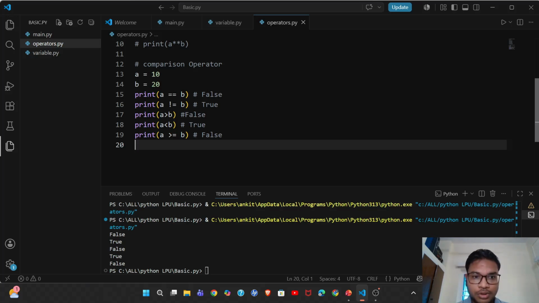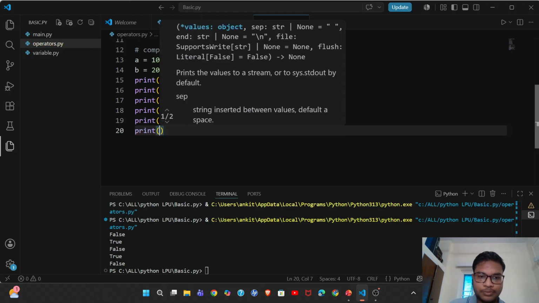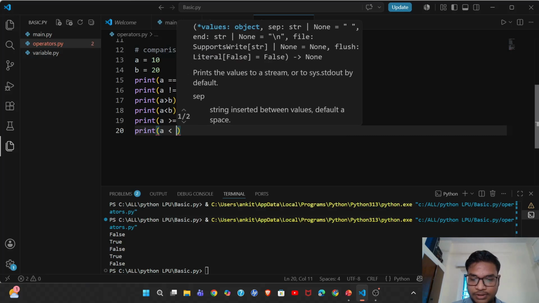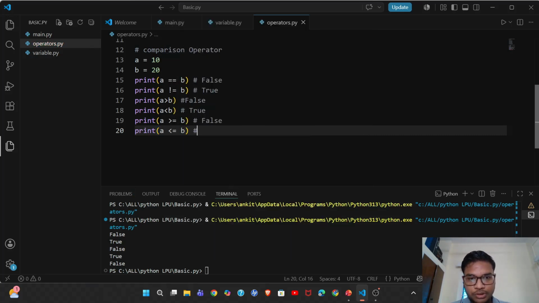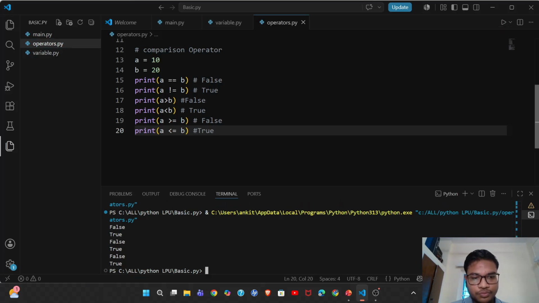So be focused. And the next one is print A is less than or equal to B. What is the output you think? It's true. True. All correct? False, true, false, true, false, true.